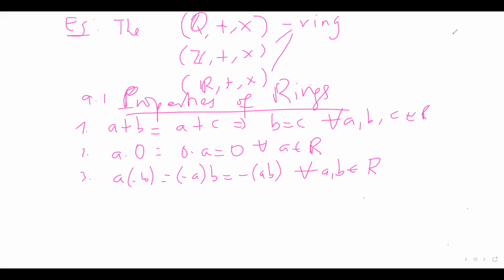Then 4, the negative of the negative of A is equal to A for all A in R. 5, the negative of the sum is the sum of the negatives.